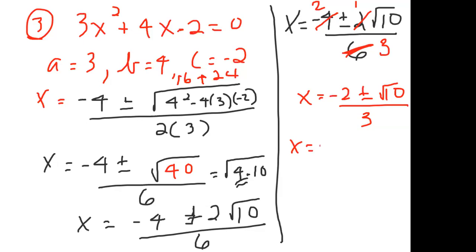So if you wanted to break this up, you could break it up into -2/3 plus or minus the square root of 10 over 3. Either one of these is correct. But on a test or an assignment, you could see either form.